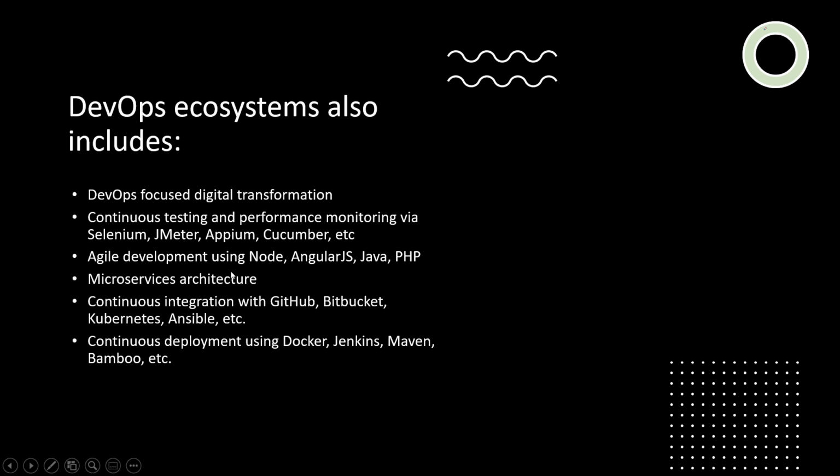These are the services. Moreover, Agile is a methodology that you'll come across going forward, because all the technologies which we are working on now are moving to Agile development and the Agile process. Microservices architecture, you will also understand. Continuous integration with GitHub, Bitbucket, Kubernetes, that is also part of the ecosystem we talked about in the last slide. Continuous development using Docker, Jenkins, Maven and Bamboo are also part of it.